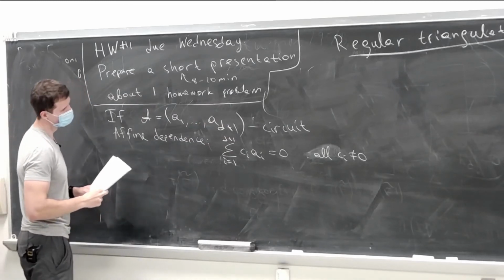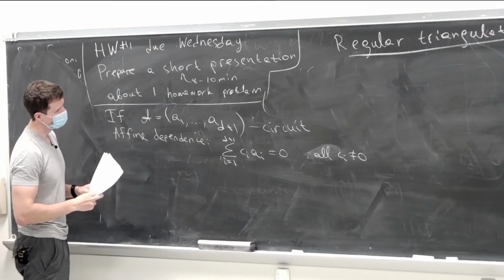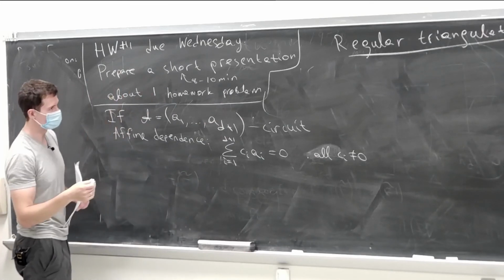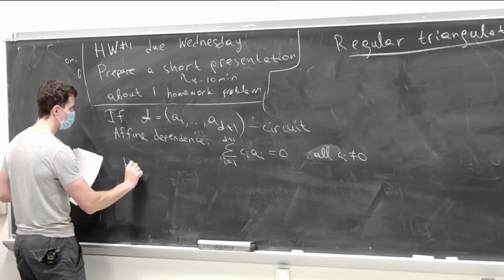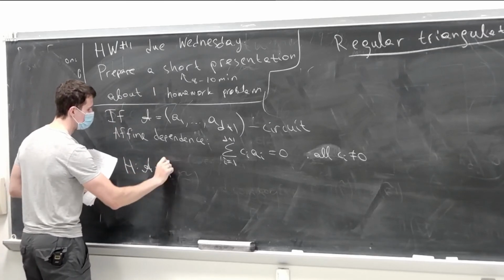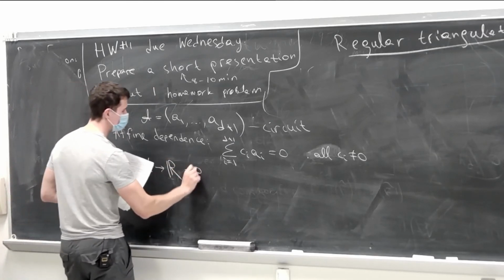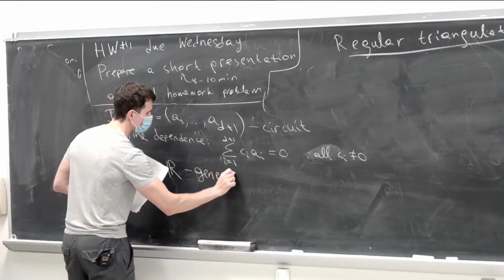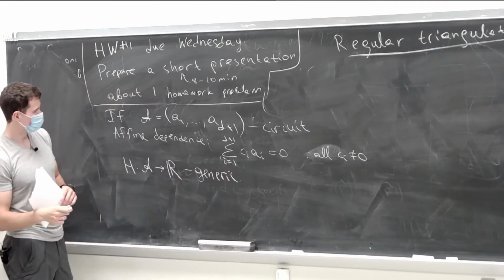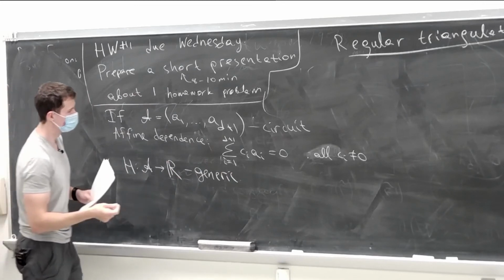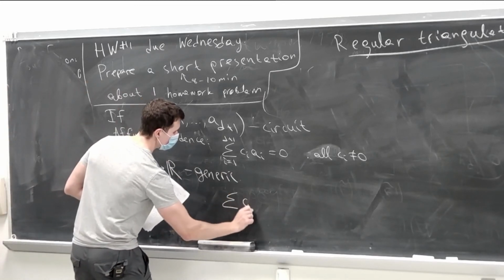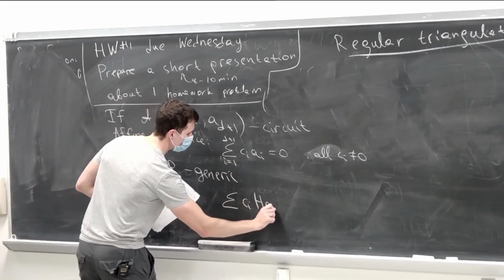Okay, so now let's say I want to look at regular triangulations. Let h from A to R be generic. Then what I want to do is look at the sum of Ci h of Ai.